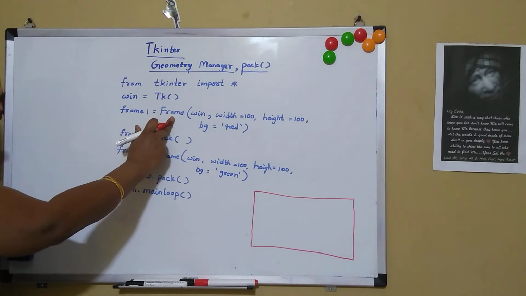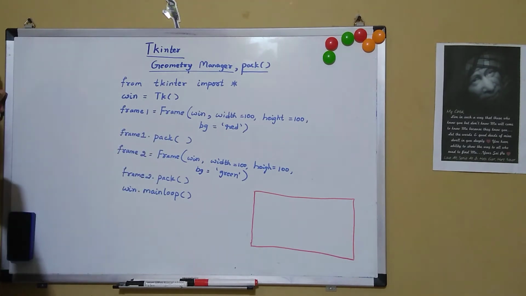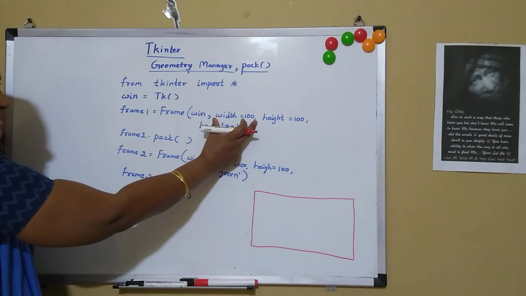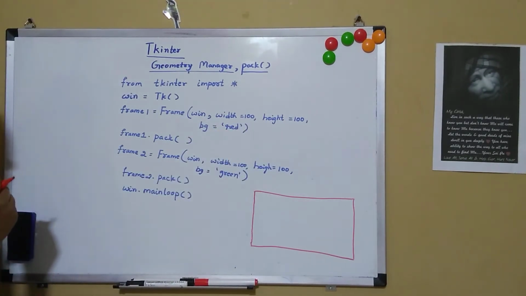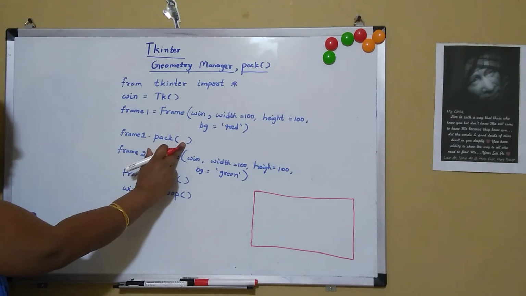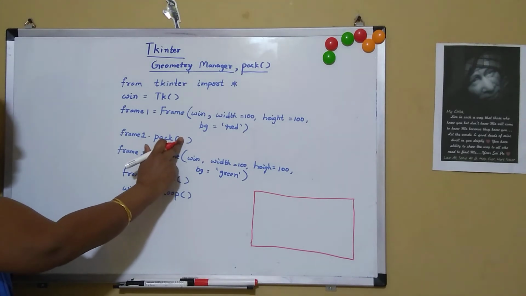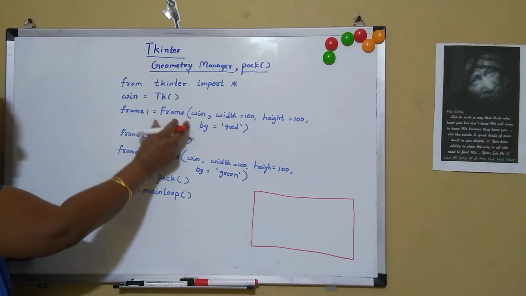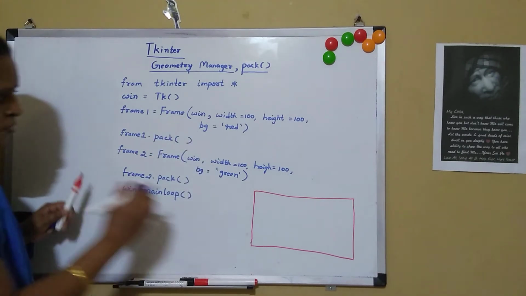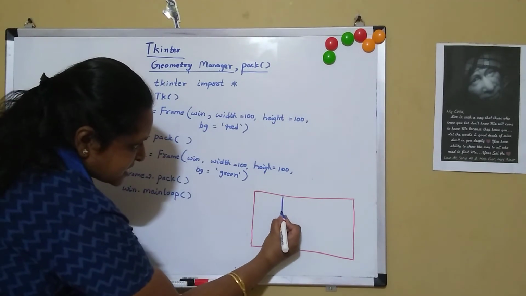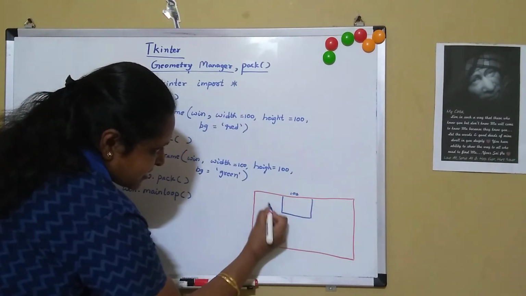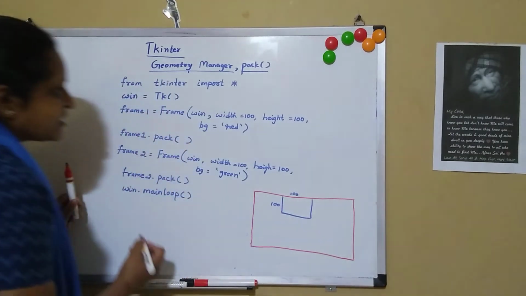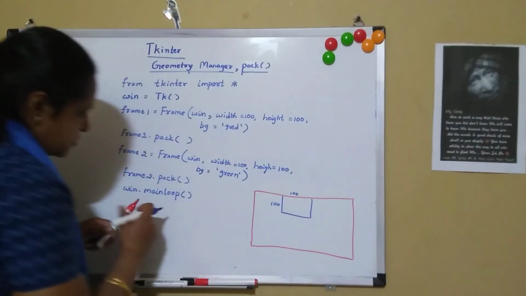Then I am creating my frame widget, which is of width 100, height 100, and is of color red. And I am not giving any parameters, so it will place the frame widget at the top. So it will create the frame widget at the top with width equal to 100, height equal to 100, and the color will be equal to red.